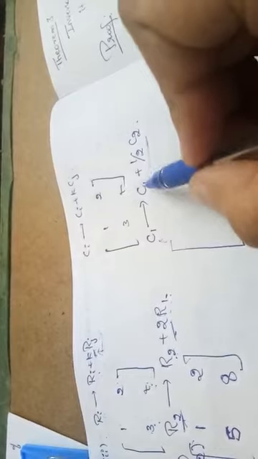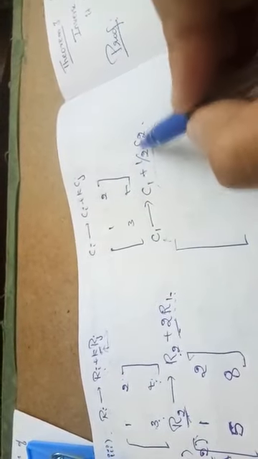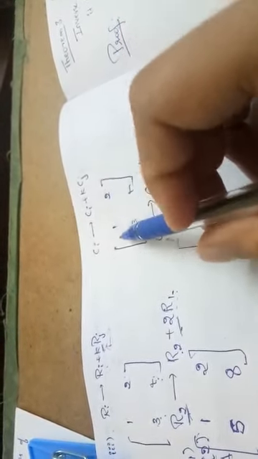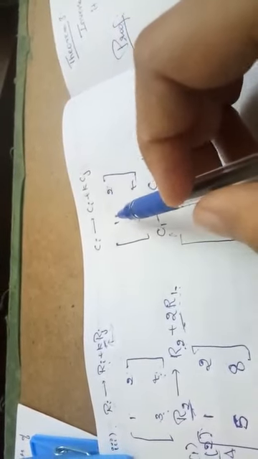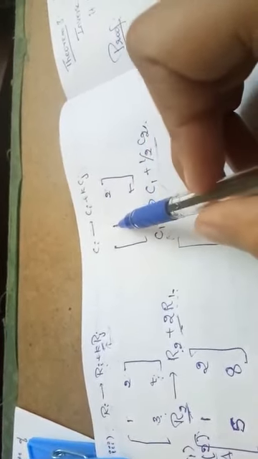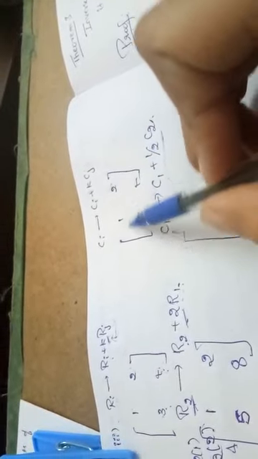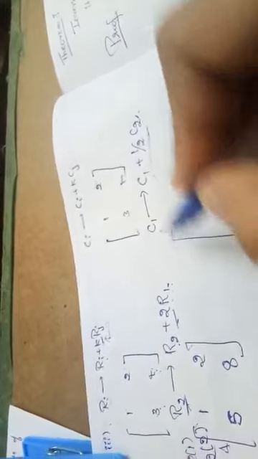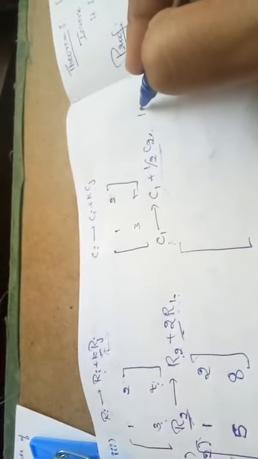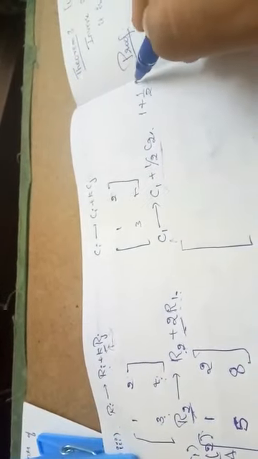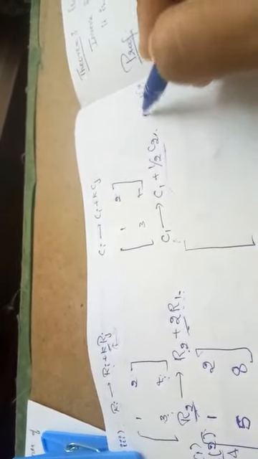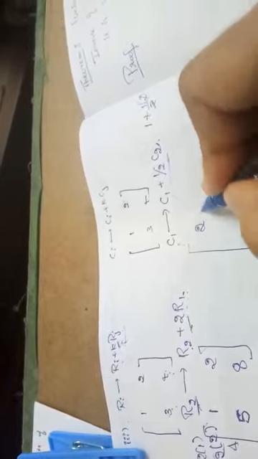C1 is combined with the corresponding elements of C2. For 1 the corresponding element is 2, and for 3 the corresponding element is 4. So 1 plus 1 by 2 of 2, the 2s cancel, so 1 plus 1 is 2.